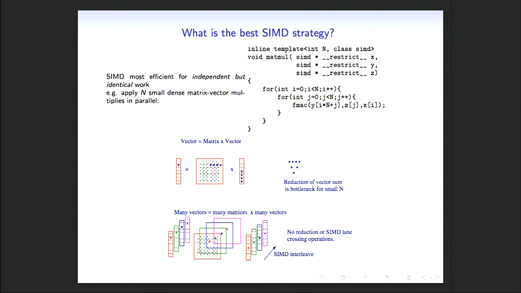Why are we doing this, or what's the best way to use vectors? In QCD we are typically interested in applying small matrices, maybe 3 by 3 complex, times small vectors, but having many of these because these are the coefficient matrices of our PDE.